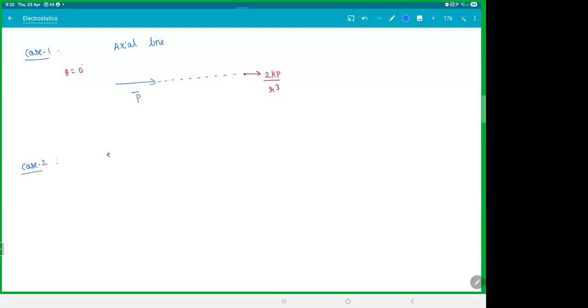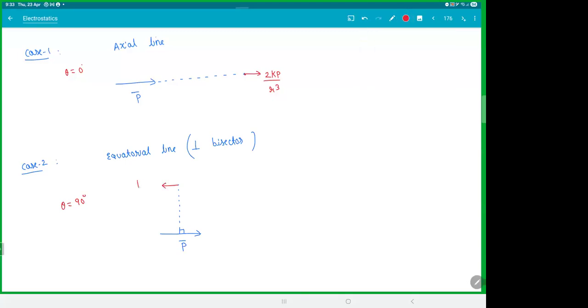Case 2, this is also called the equatorial line or perpendicular bisector, whatever you want to call. This is the case when theta is 90 degrees. Means if you take a dipole and go straight on the perpendicular bisector, the field here will be, the 2 will be missing.